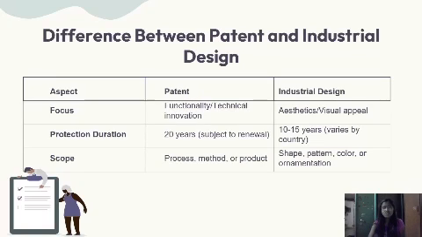However, for industrial design, the years of protection vary by country, but here it is 10 to 15 years. The scope of a patent is basically on the process or method of manufacturing a product. However, in industrial design, it is about the shape, pattern, color, or the ornamentation used.